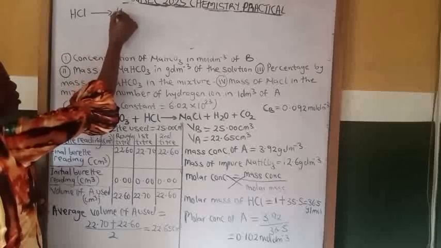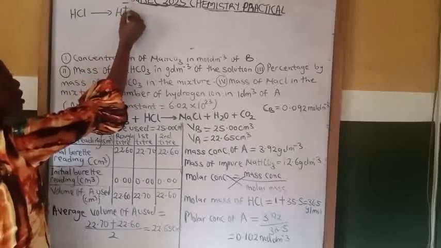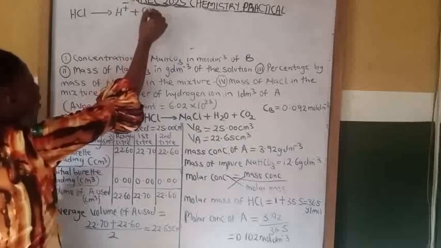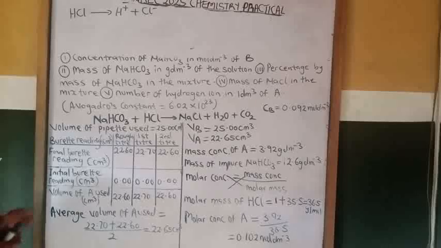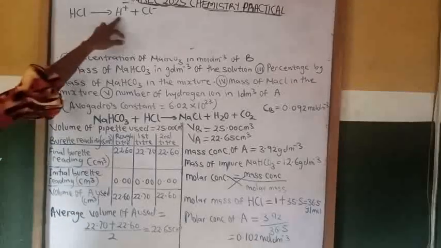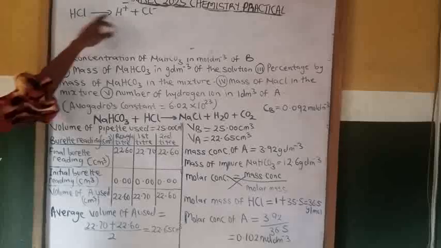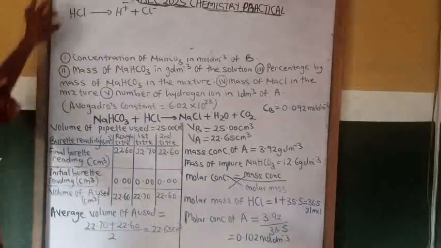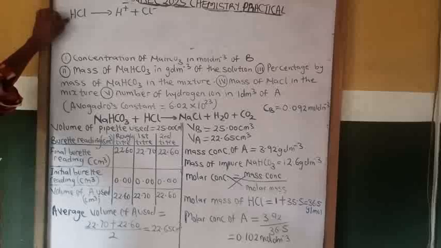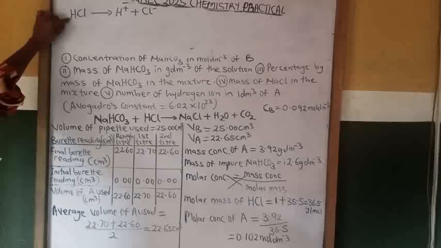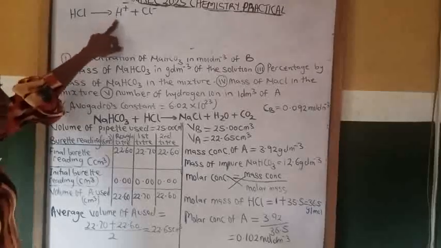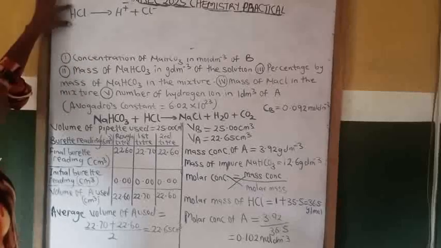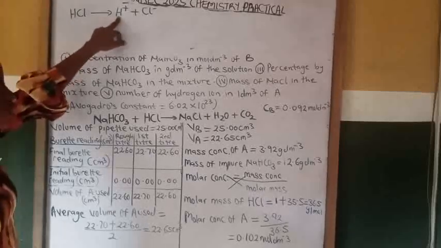HCl will dissociate to hydrogen ion and chloride ion. How many hydrogen here? 1. How many here? 1. How many chlorine here? 1. How many here? 1. So it is balanced. It shows that 1 mole of hydrochloric acid will produce 1 mole of hydrogen ion.